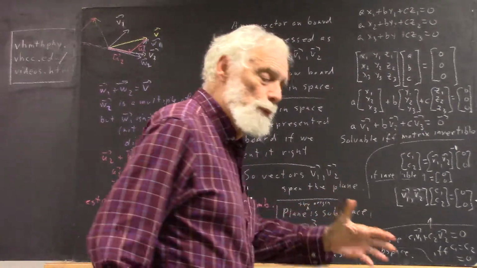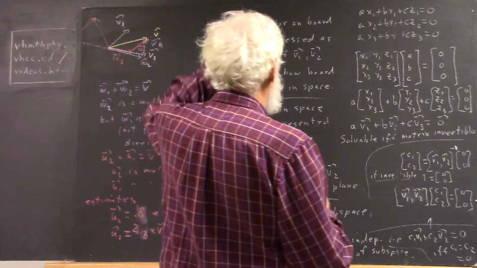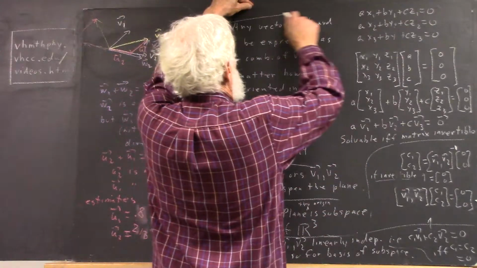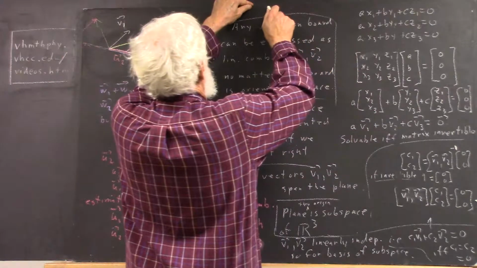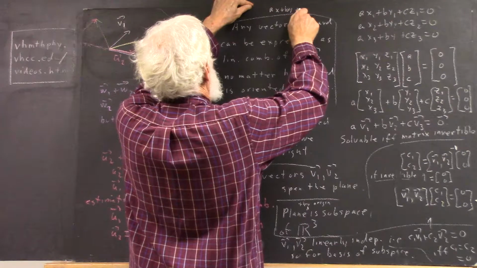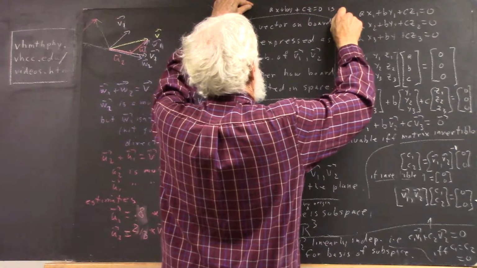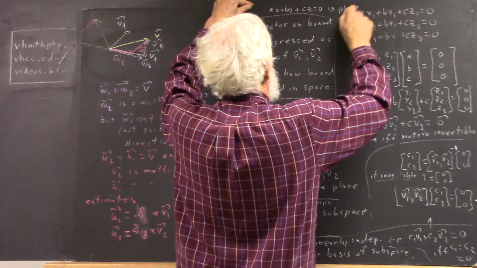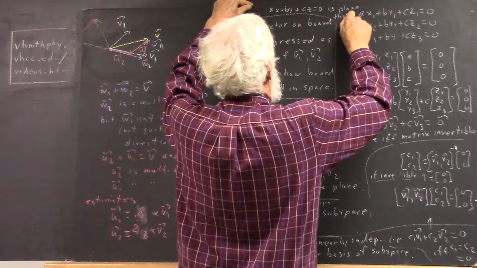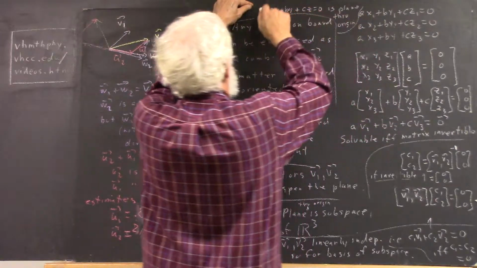Okay, well, we're working off of a worksheet, so I have to say what I'm doing. Okay, so I'm going to come up here, and my premise is that Ax + By + Cz = 0 is a plane through the origin.